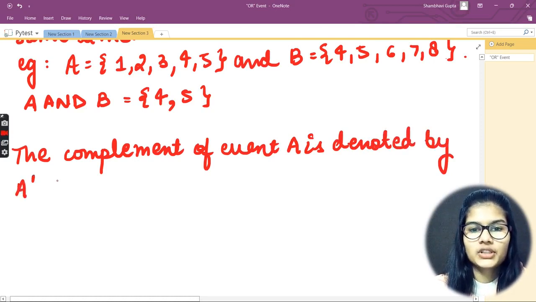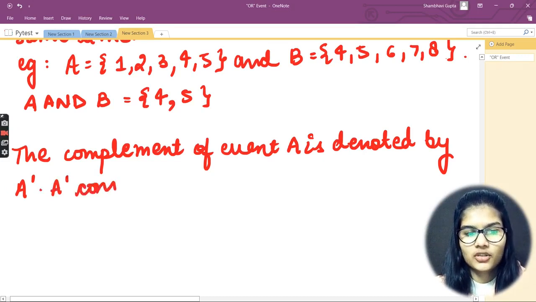This is how you denote the complement of an event. You could simply write A dash, or you could read it as A prime as well. That's your choice. There are different ways of speaking it: A complement, A dash, or A prime, whatever you wish. I would say A prime.